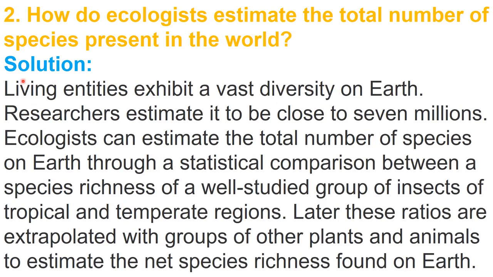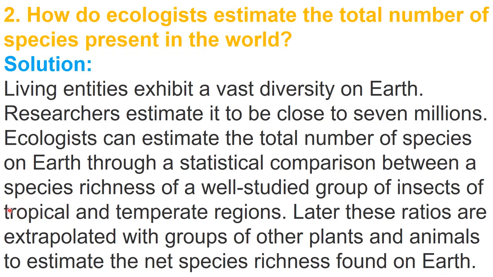This is question number 2 of NCERT: how do ecologists estimate the total number of species present in the world? So the answer is that living organisms exhibit a vast diversity on Earth. Researchers estimate it to be close to 7 million, like Robert May's estimate of 7 million. Ecologists can estimate the total number of species on Earth through a statistical comparison of the species richness of a well-studied group of insects in tropical areas, as you know, species numbers are higher in tropical areas.